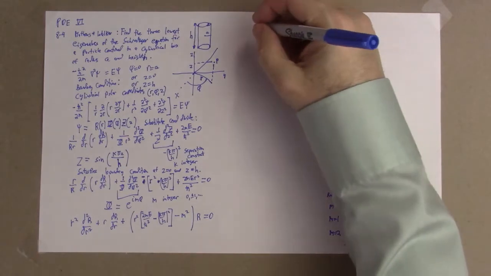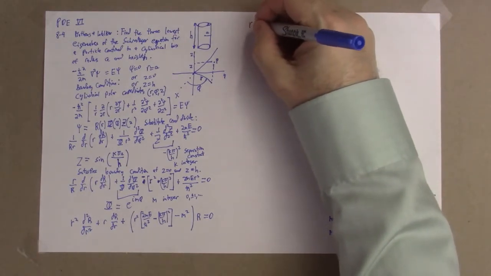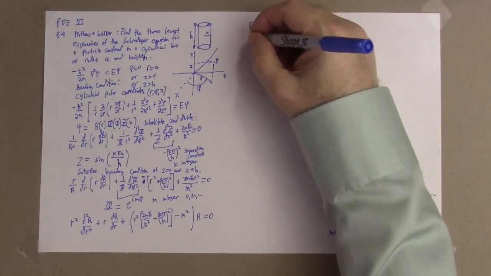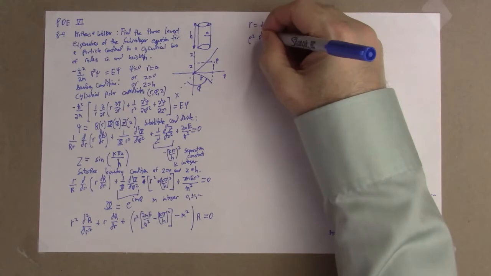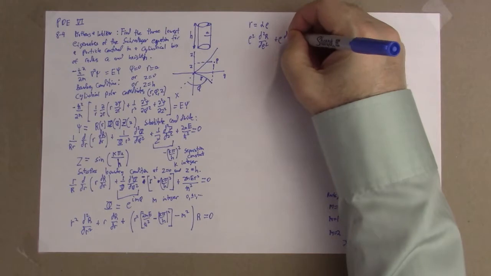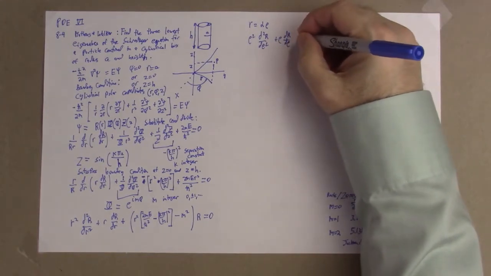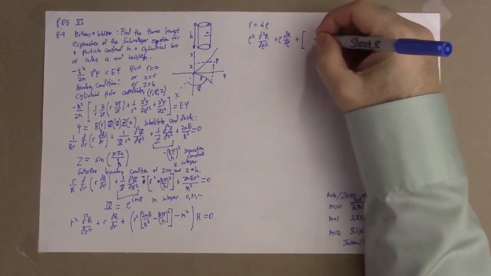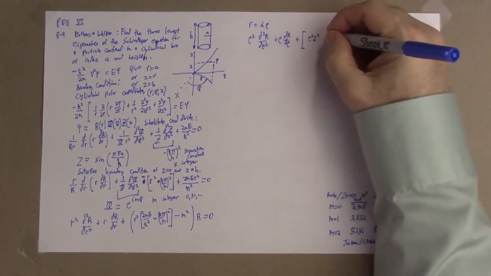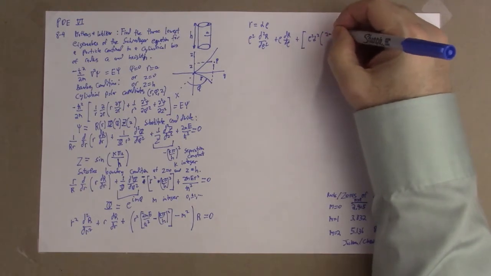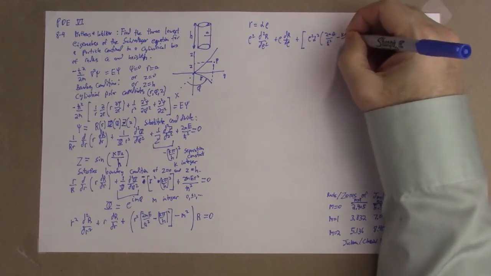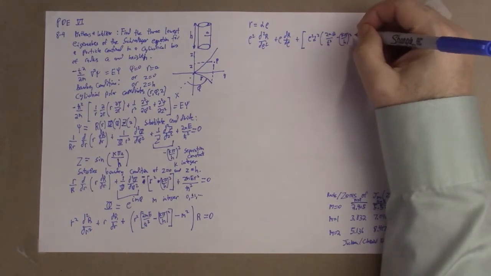But to do it slowly, we'll do the substitution, r equal alpha times rho, and then the equation becomes rho squared d2R d rho 2 plus rho dR d rho plus rho squared alpha squared times 2me over h bar squared minus kπ over h squared.